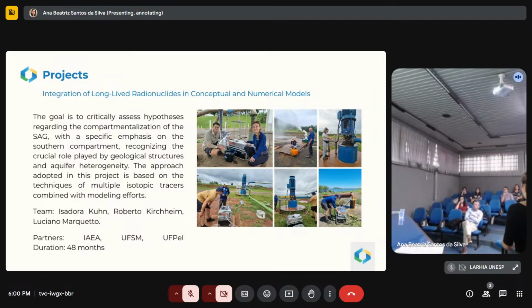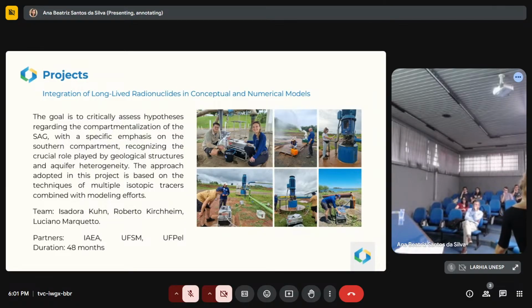Kind of as a continuity of this first CRP I presented before about the long-lived radionuclides and the Guarani, we started last year this project on integration of groundwater ages with numerical models. So here is the krypton structure that was brought from Argentina to do the sampling.